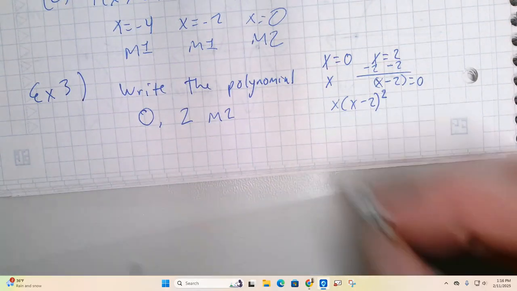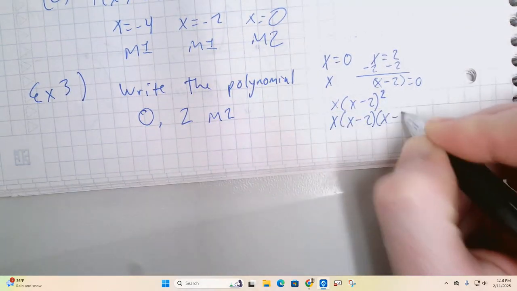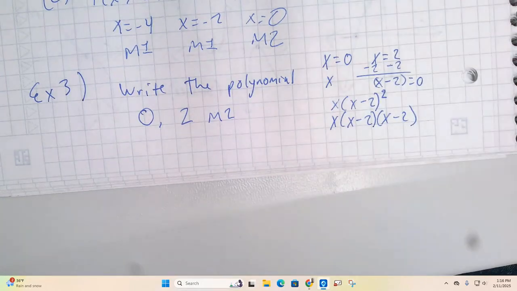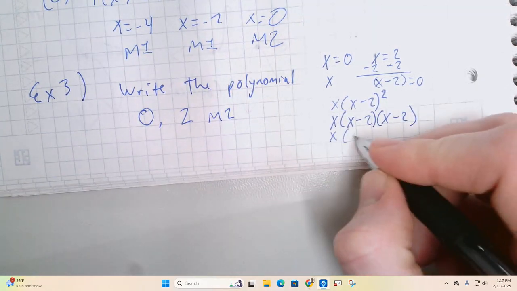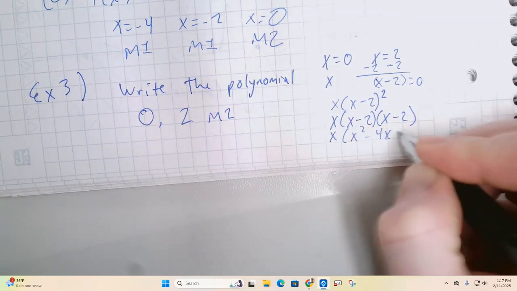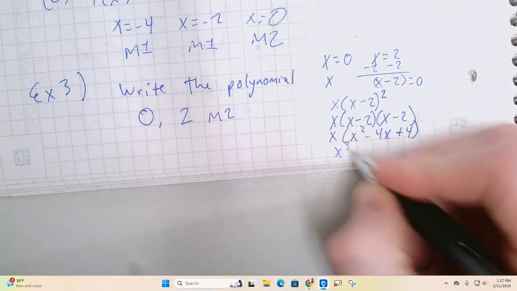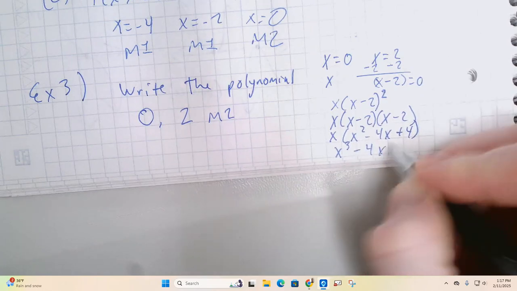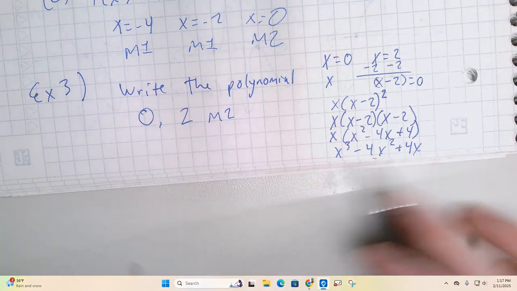We are going to FOIL this out and get it into standard form to write the polynomial. So if we do FOIL this out, that would be x squared minus 4x plus 4. And then if you distribute in the x in front, that would be x to the 3rd minus 4x squared plus 4x. This would be the polynomial.